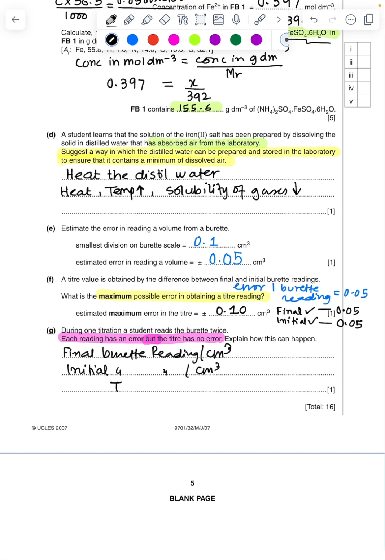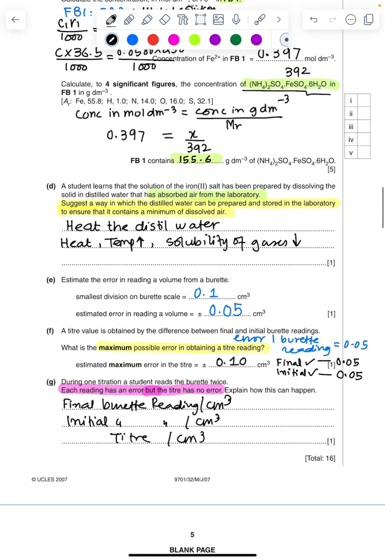So if the titre is coming fine, this answer is coming fine, then this means that the student by chance has made an equal amount of error in both the final and the initial readings. So these errors will actually cancel out, right? So I can say that the errors are going to be cancelled out.